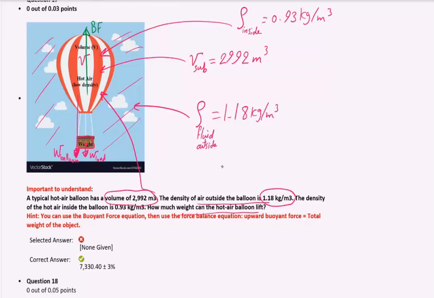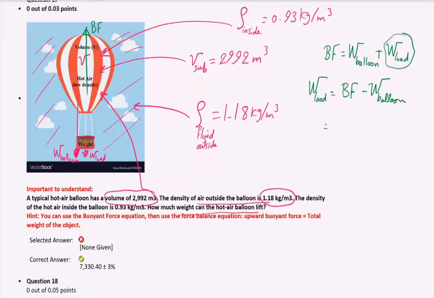So these three forces are balanced. So I can say the buoyant force, which is the upward force, equals the weight of the balloon plus the weight of the load, which is the box. This is what I'm searching for, the weight of the load. So I can say the weight of the load equals the buoyant force minus the weight of the balloon.